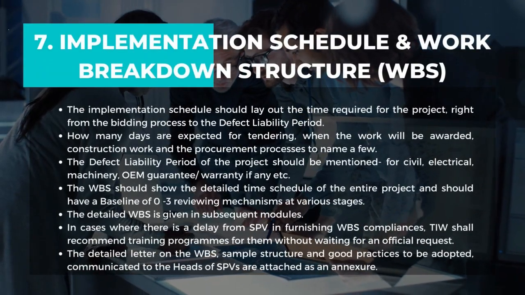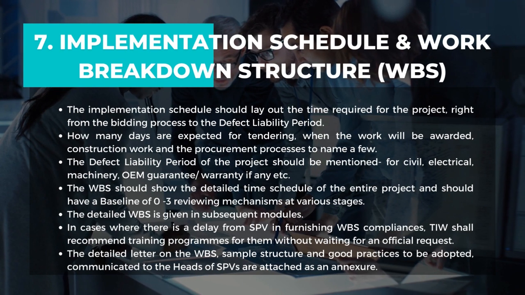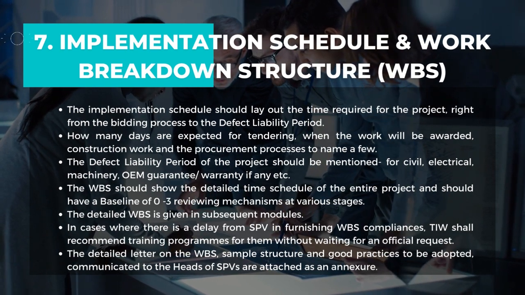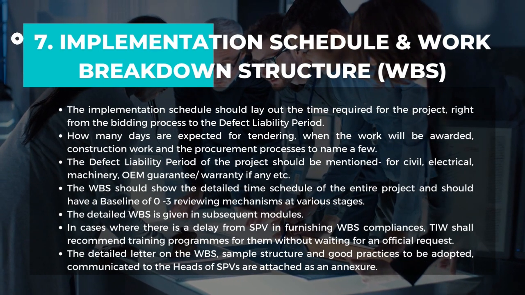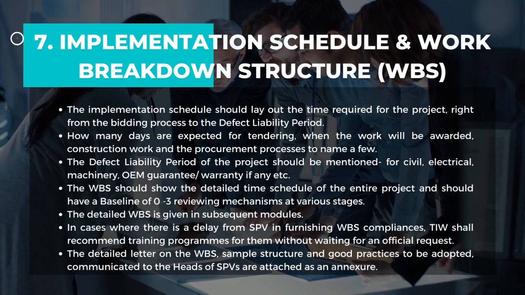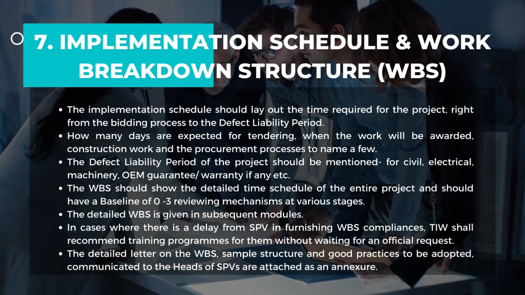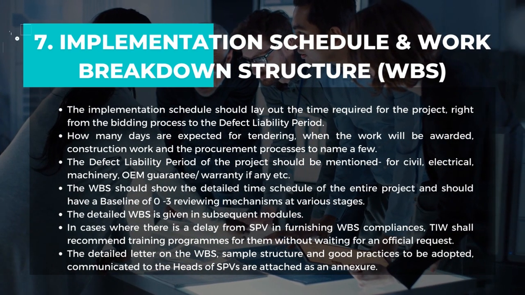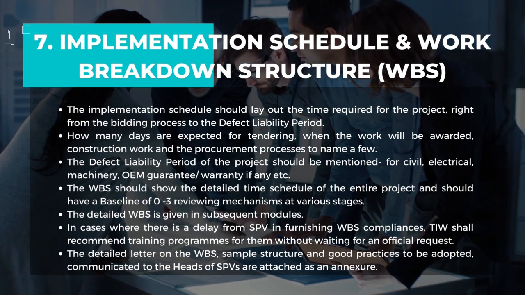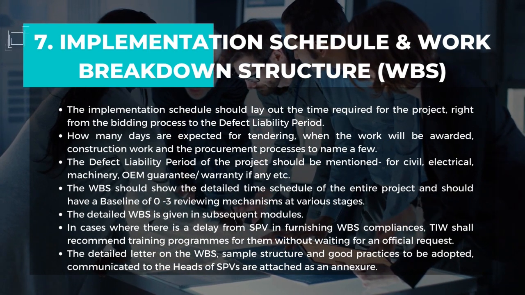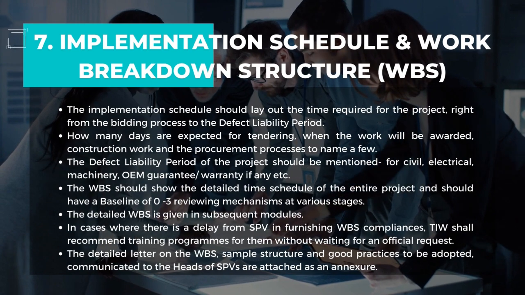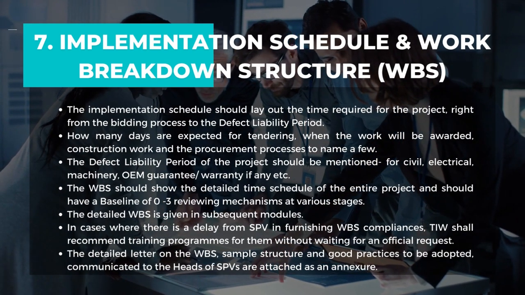Implementation schedule and work breakdown structure. The implementation schedule should lay out the time required for the project right from the bidding process to the defect liability period. How many days are expected for tendering, when the work will be awarded, construction work and the procurement processes, to name a few.